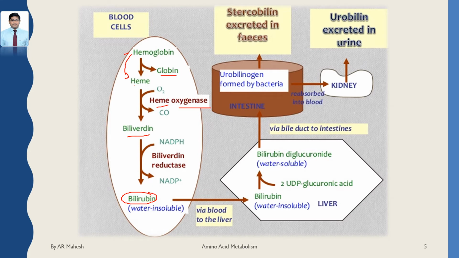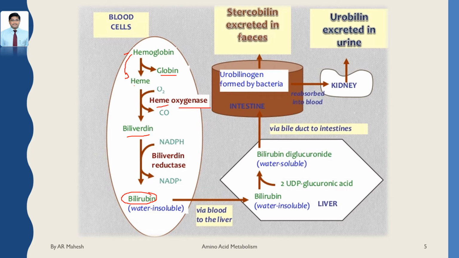The bilirubin, or the water soluble bilirubin, in the liver in the presence of UDP glucuronic acid gets converted to bilirubin diglucuronide. Even this bilirubin diglucuronide is water soluble.